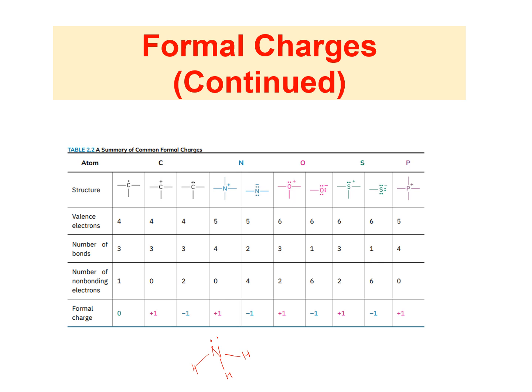We are calculating that for nitrogen: 5 is the number of valence electrons minus 1/2 of the number of bonding electrons. How many bonding electrons? 1, 2, 3, 4, 5, 6. Minus the lone pair, 2. So this will be equal to 5 minus 5, which is equal to 0. So then you don't have to do this entire calculation.